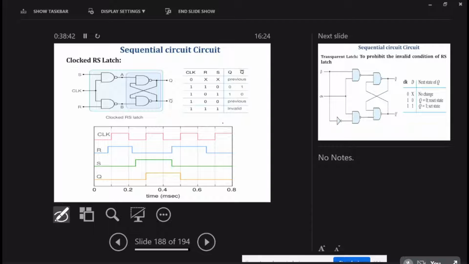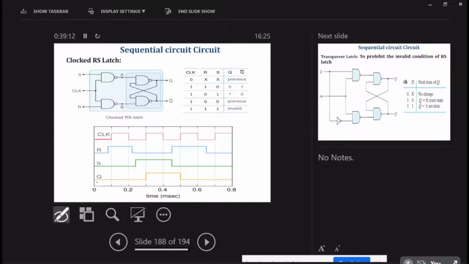So here we'll see with the use of this timing diagram. See here, clock is 0. Whatever value of Q was there previously, it will depend on the output Q, and the Q dash will depend on its previous Q value.